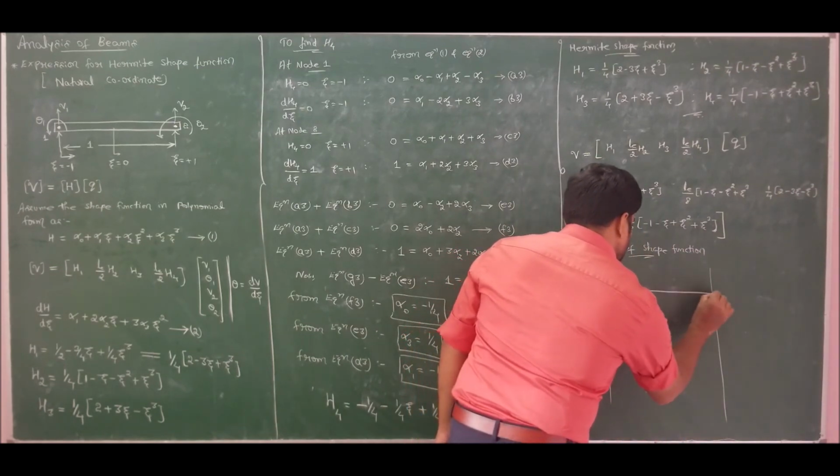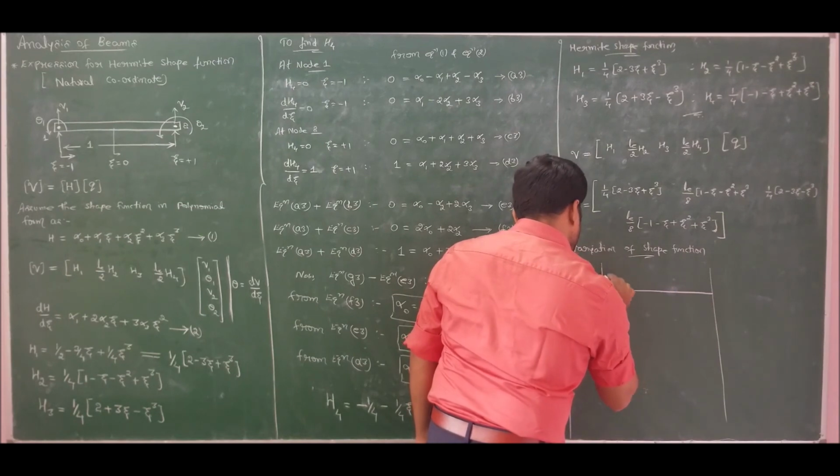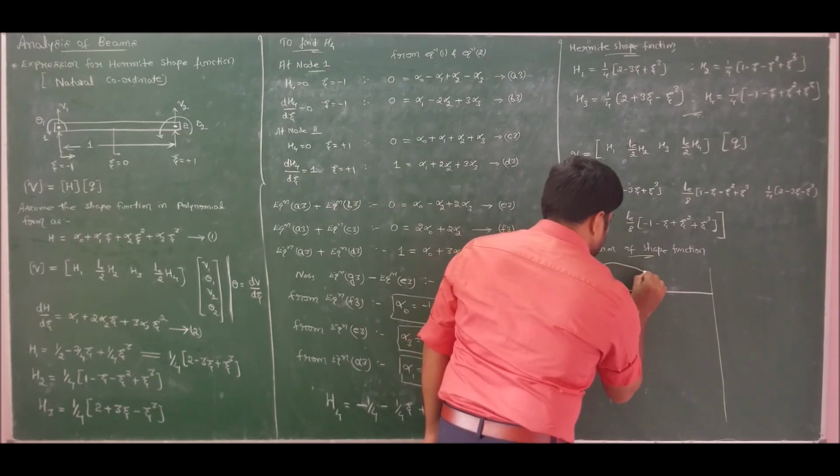So first we have shape function h1 is equal to 1, the variation is cubic.